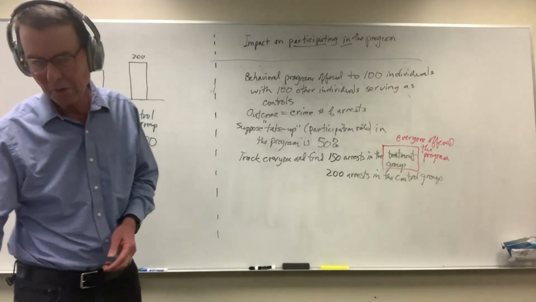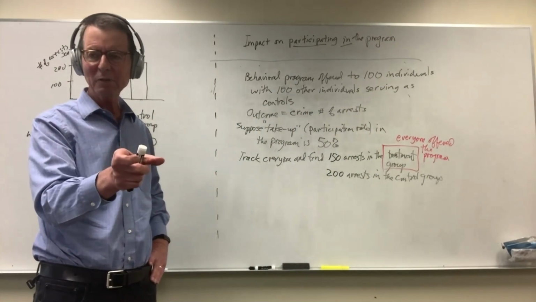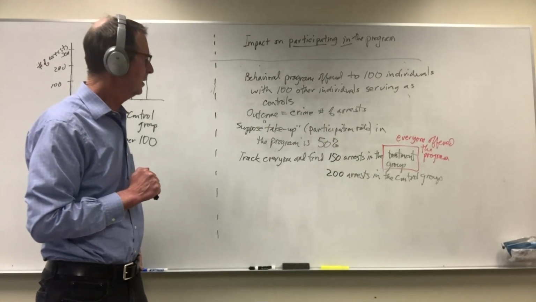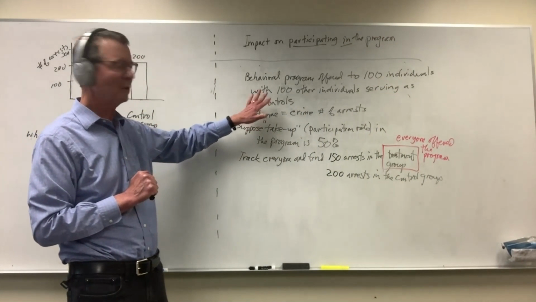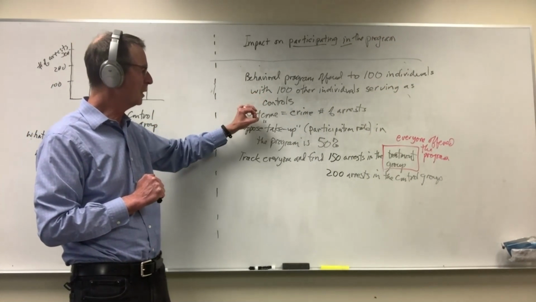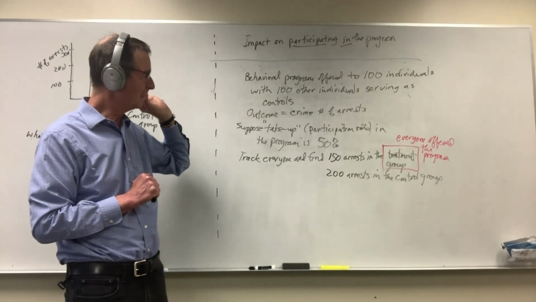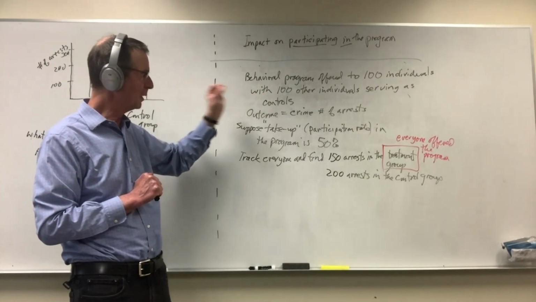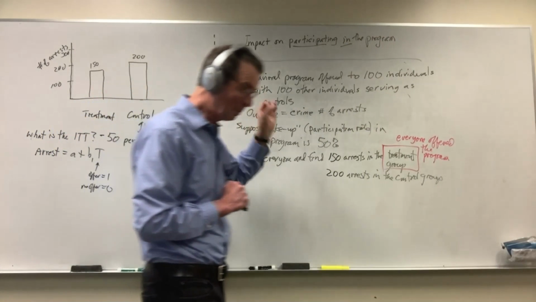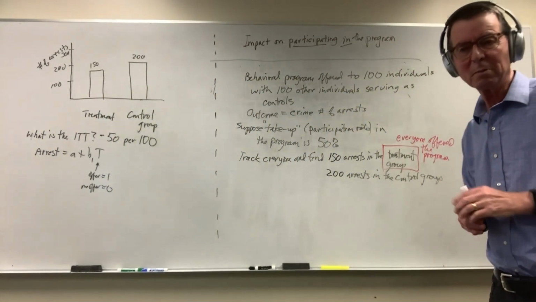I started out with this Head Start example where some of the parents who weren't offered the Head Start slot found a Head Start somewhere else. Here we're assuming that's not the case. There was no other way that the control group kids could get into the program. So of the 100 that did get the offer, 50 participated. Of the ones who didn't get into the program, 0 participated.